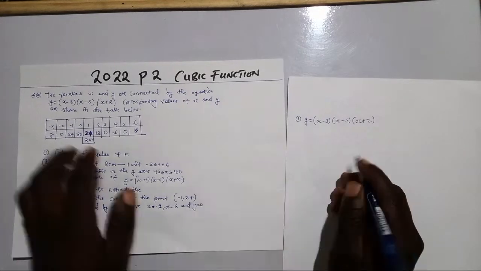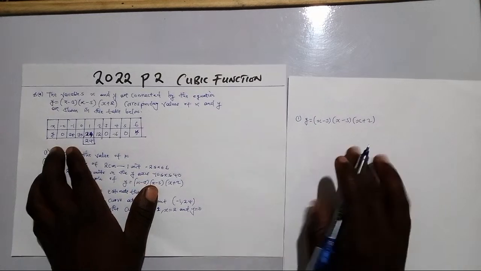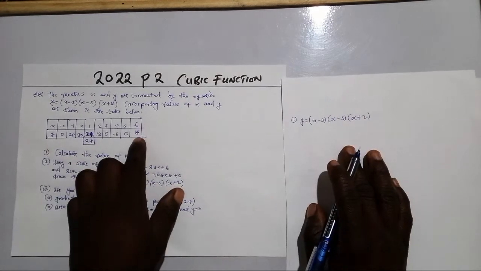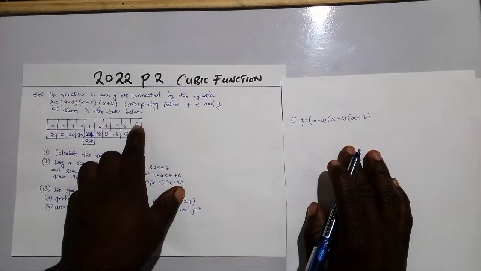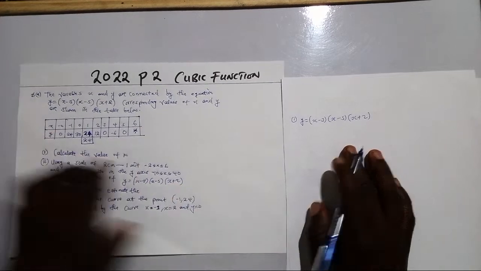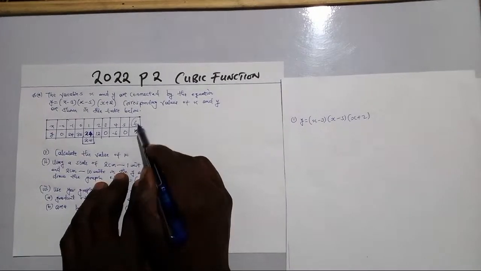Here, k corresponds with the 6, so wherever there is x you substitute with 6.